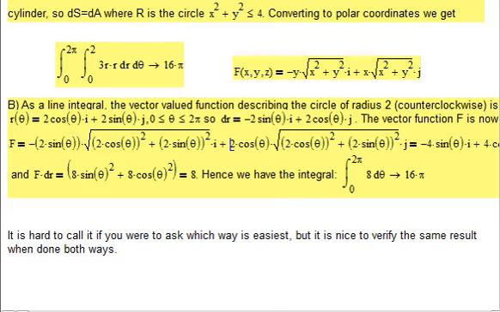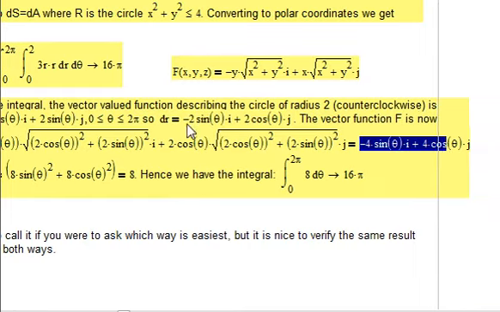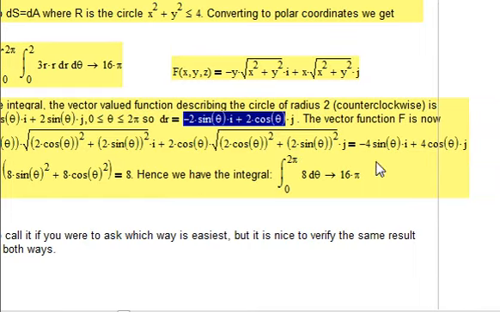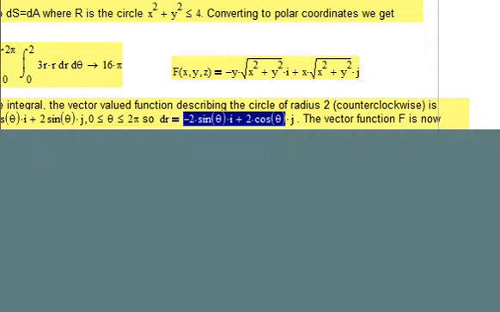So our F dot dr, remember this is our F right here, and our dr is this. When we dot these two together, we get positive 8 sine squared theta plus 8 cosine squared theta. Golly, that's just 8.